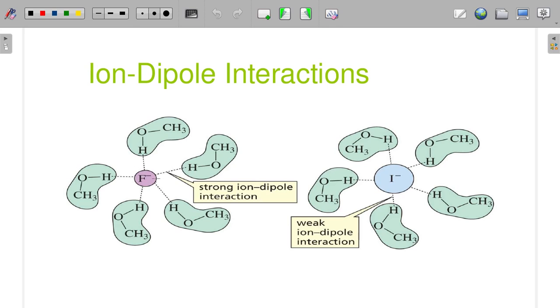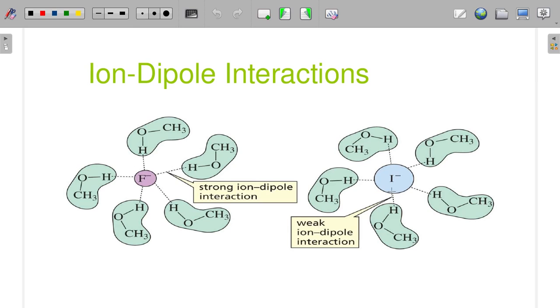If that's the case, now the fluorine is actually too busy bound up with these strong interactions to actually react with our substance. Yet, if I go to iodine, I have a complete opposite thing, because even though iodine is still a negative ion, it will make a weaker ion-dipole interaction with hydrogen bonds. Therefore, the iodine would actually be more available.